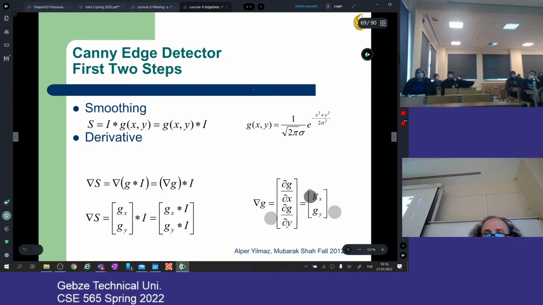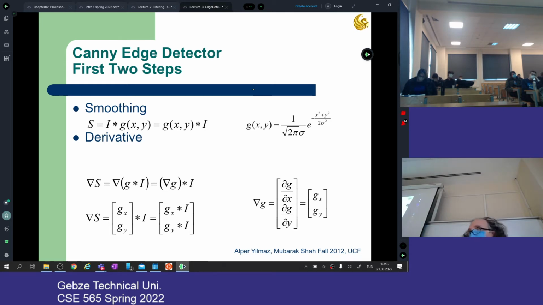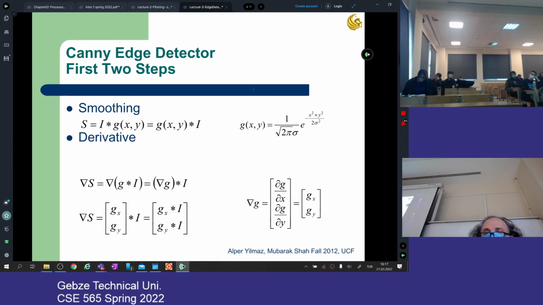We are after finding the x derivatives and y derivatives of the image. Remember, Sobel and Prewitt have built-in smoothing effects inside their operators. Canny says, okay, I'm not going to do that kind of smoothing, but instead smooth it by using the Gaussian in the x and y dimensions.